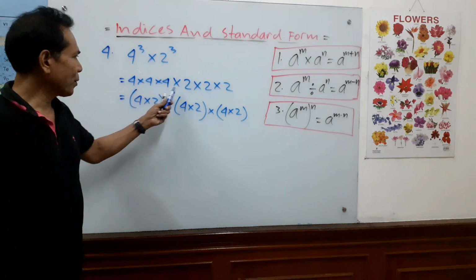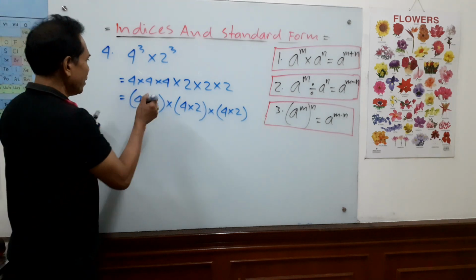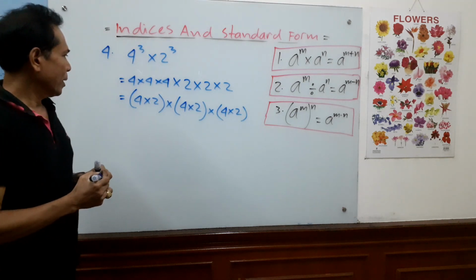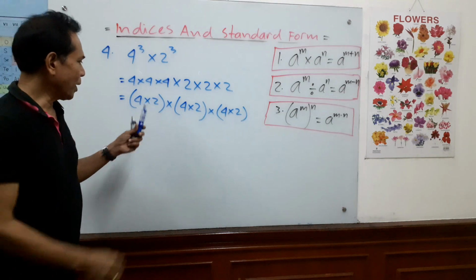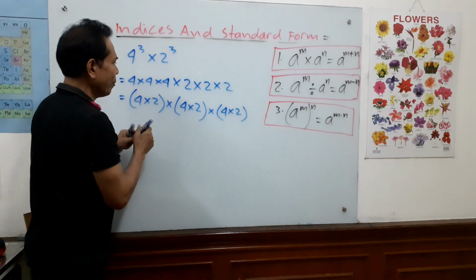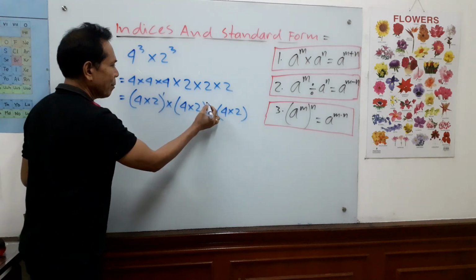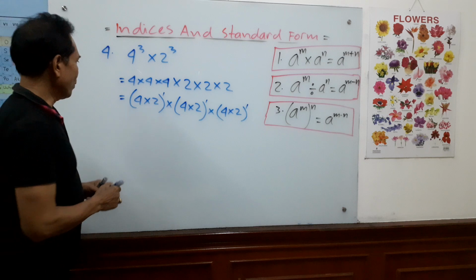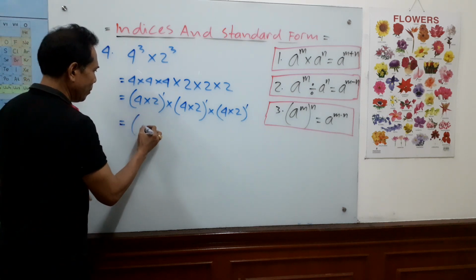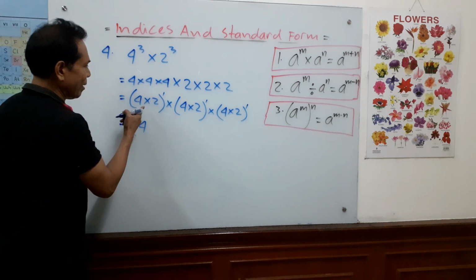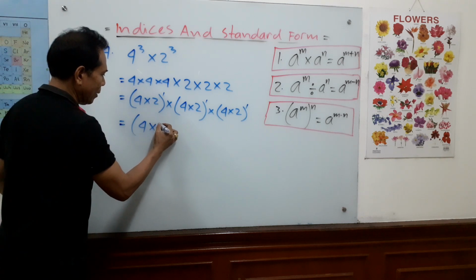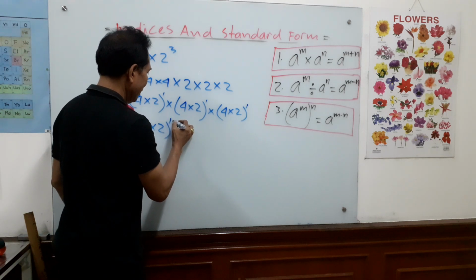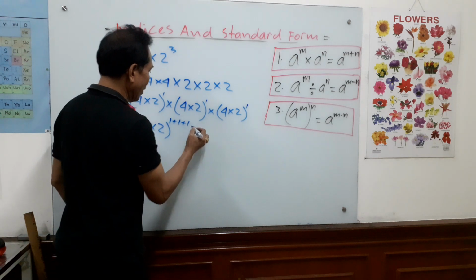Now, we have 3 factors here and 3 factors here. Now, how many factors do we have here? 3: 1, 2, 3. Remember, there is always power 1, power 1, power 1. So we open the bracket, we take our base numbers, 4 times 2, power 1 plus 1 plus 1.